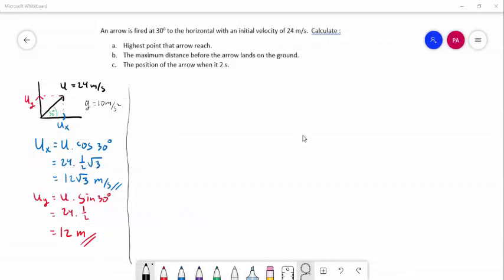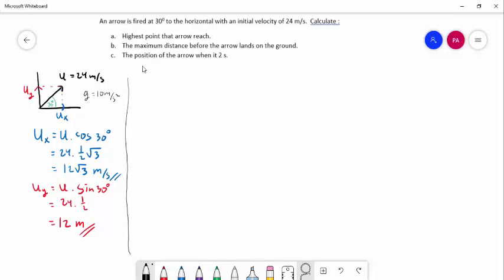Next is question C, the position of the arrow when it's 2 seconds. That means we need to calculate the height and the distance from the starting point.